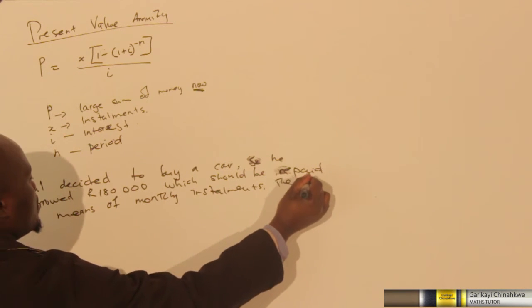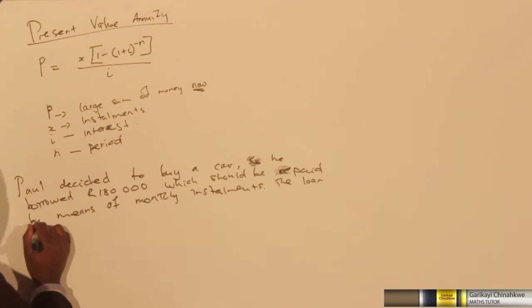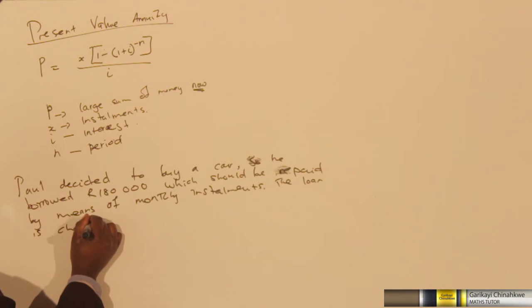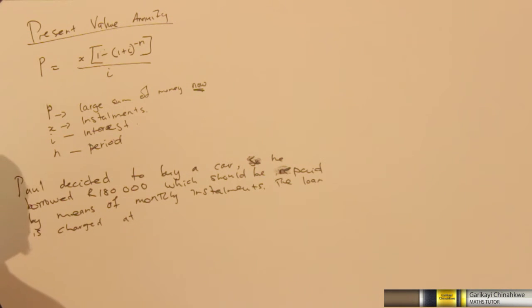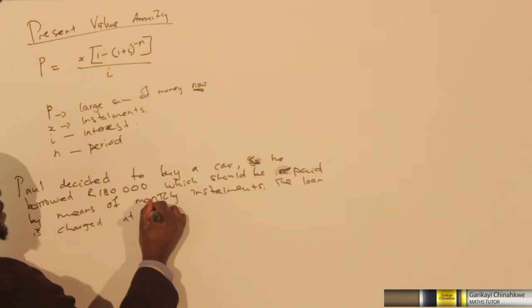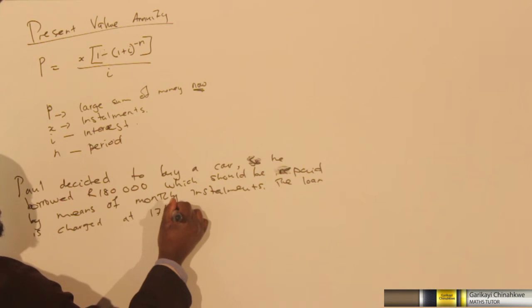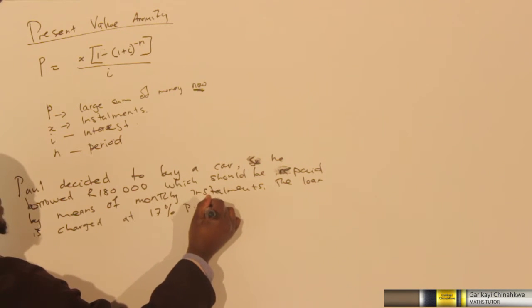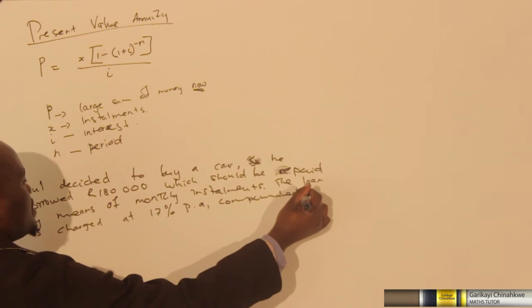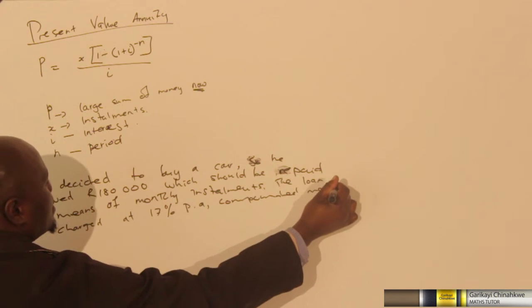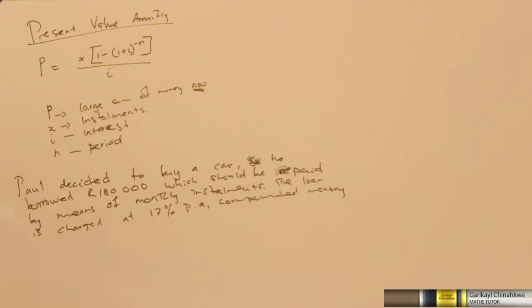The loan is charged at 17% per annum, compounded monthly. All right. In this case, you're supposed to determine the amount of one monthly installment.